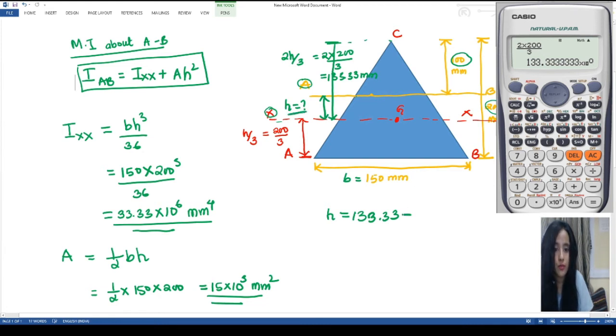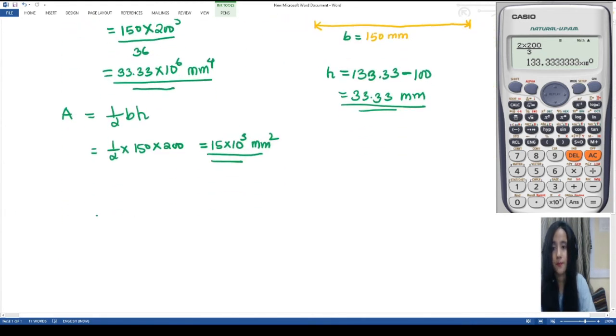Which will be equal to 33.33 mm. So the height h between these two parallel lines running parallel to each other will be equal to 33.33.